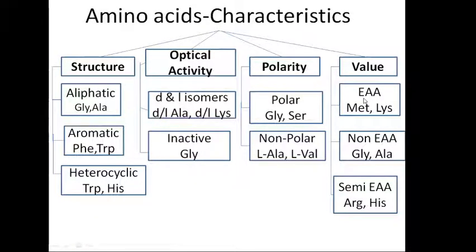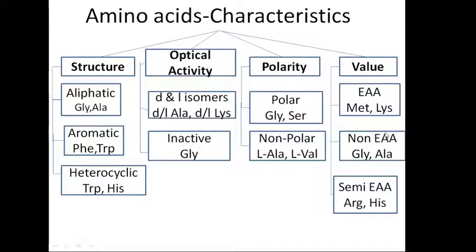It has to be obtained in the diet, in the food we consume. So those amino acids which are required for the normal growth and development, which cannot be synthesized, have to be obtained from outside in the form of food or diet, are called the essential amino acids. Example, the methionine and the lysine.